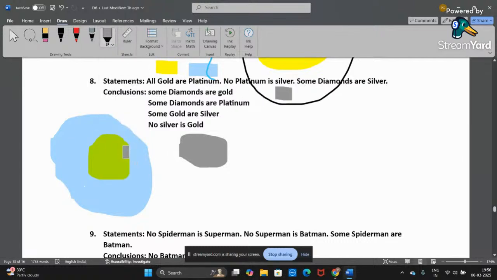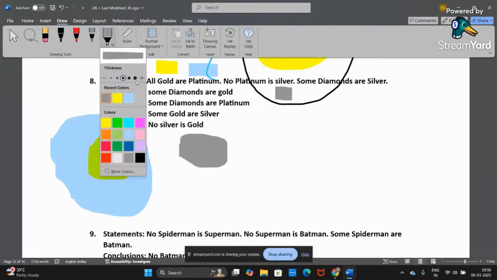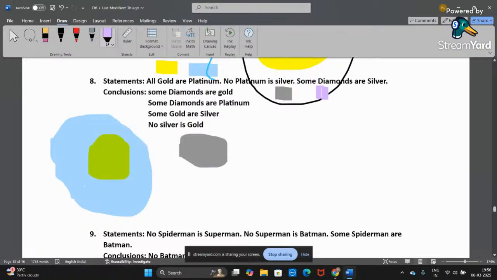So there are no platinum and silver, so we are writing it separately. Some diamonds are silver. We'll take this purple color for diamond. Okay, now let's solve.